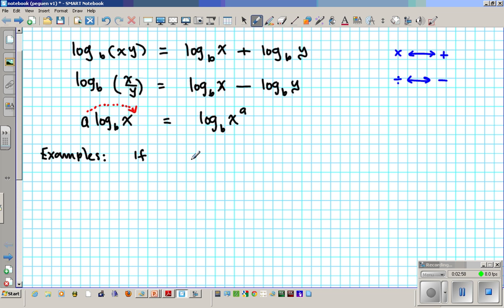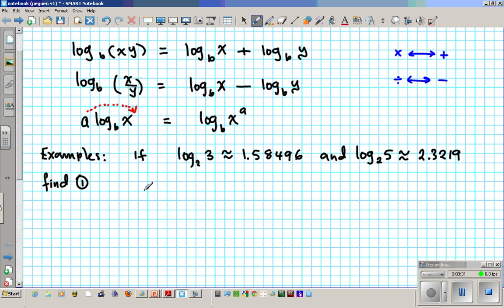If log base 2 of 3 is approximately 1.58496 and log base 2 of 5 is approximately 2.3219, find number 1, log base 2 of 5 over 3. So let's do this one first. We're doing log base 2 of 5 over 3.